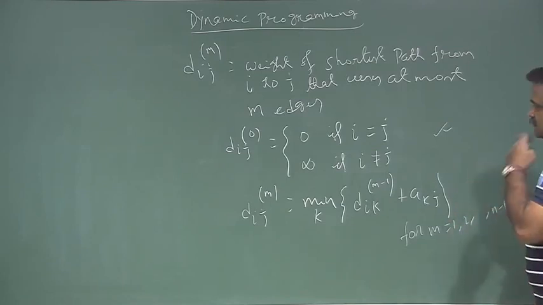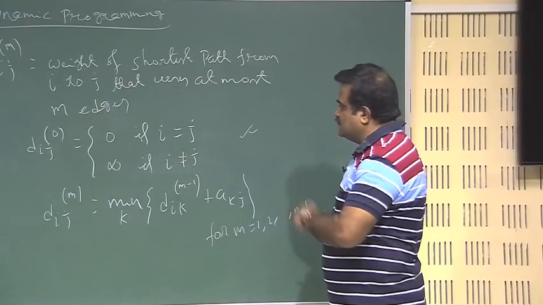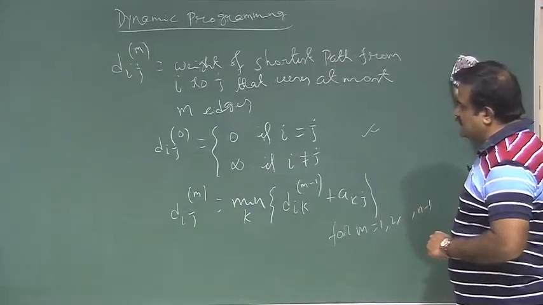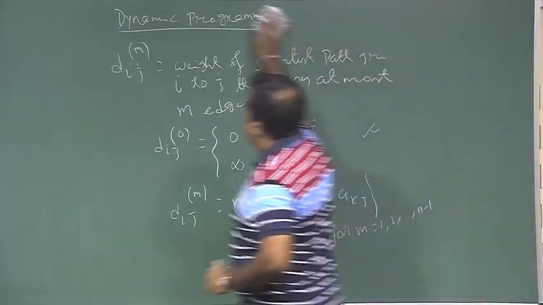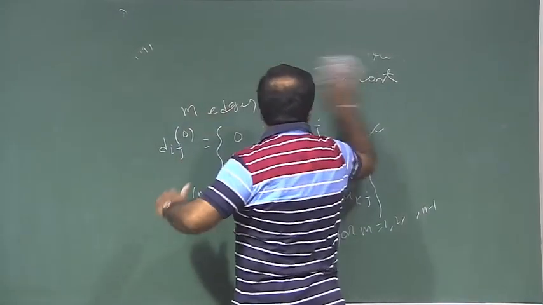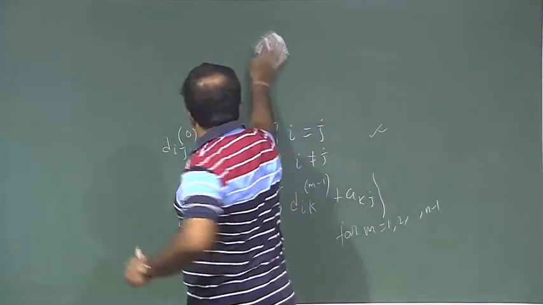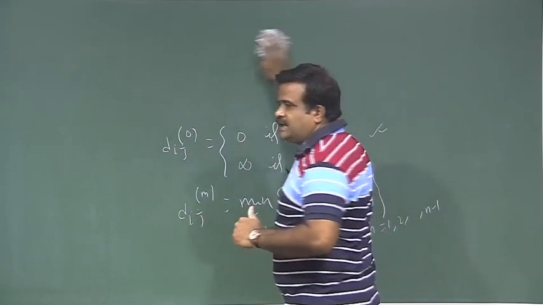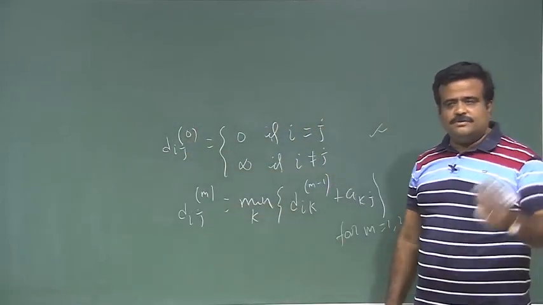So now we will use this result to get the delta. What is the relationship between deltas and Dijs? That also we discussed in the last class. If there is no negative cycle, then there will be a shortest path.